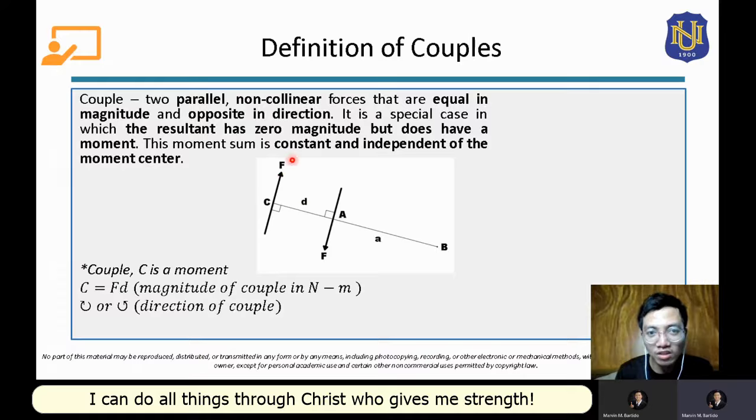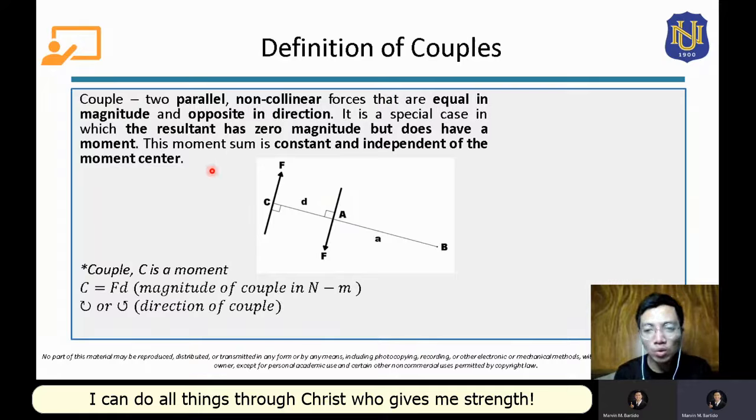This force F will rotate towards this other force F this way, and this force F will rotate this way towards the other force F. So what direction is this? It will create a counterclockwise, oh no, a clockwise direction. So this couple, in this system, will produce a clockwise couple or a clockwise moment. That will be the direction for this.